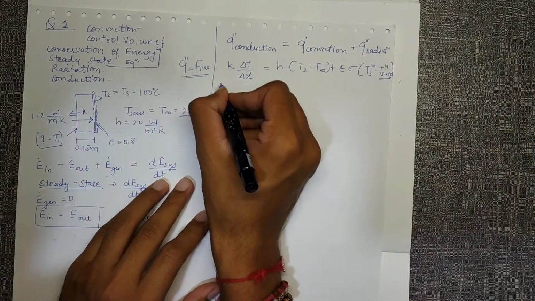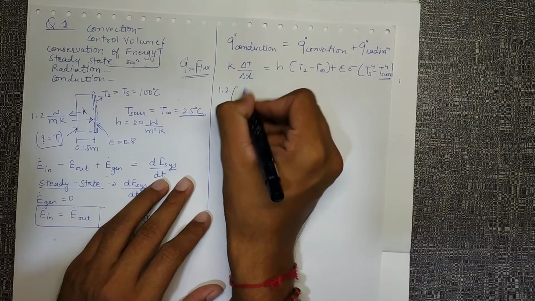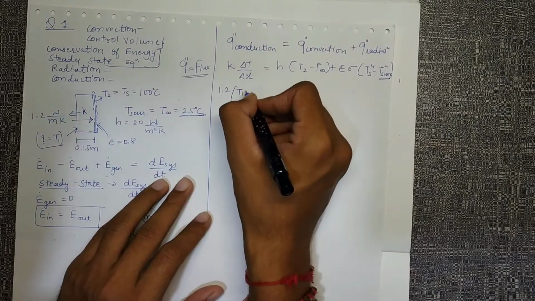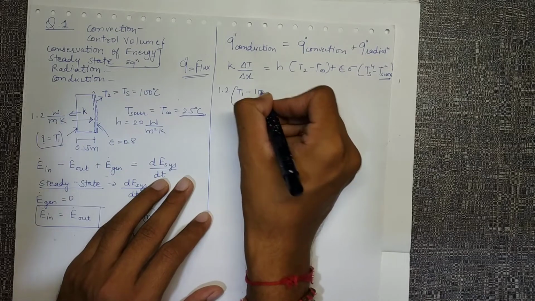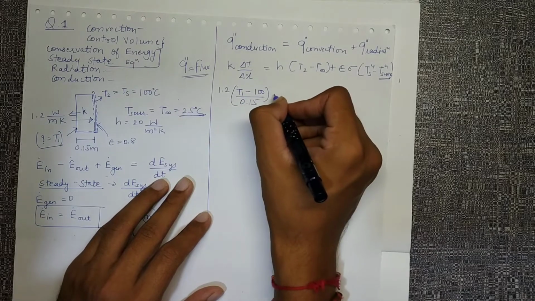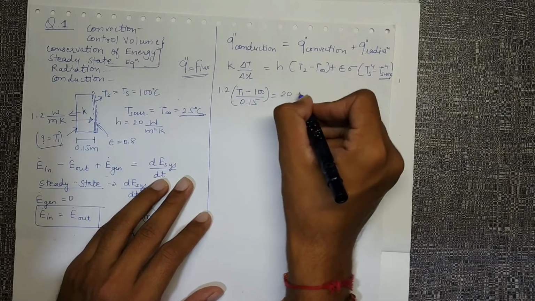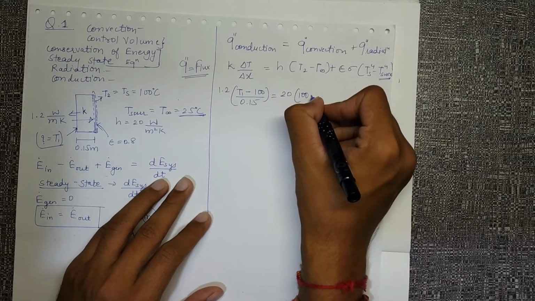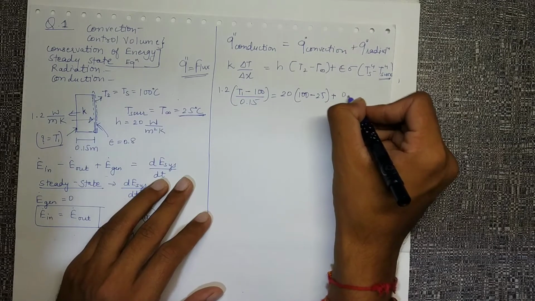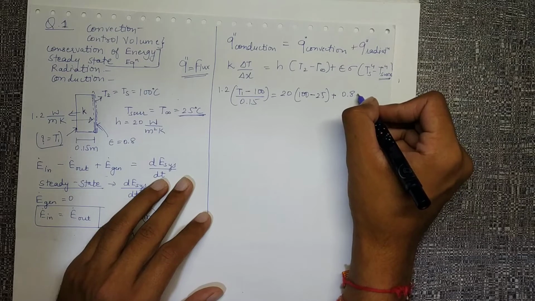The K value is known to us, which is 1.2. The T is T1, which we have assumed as the higher temperature, so T1 minus 100 upon 0.15. H value is known, which is 20, times 100 minus 25, plus 0.8, which is epsilon.